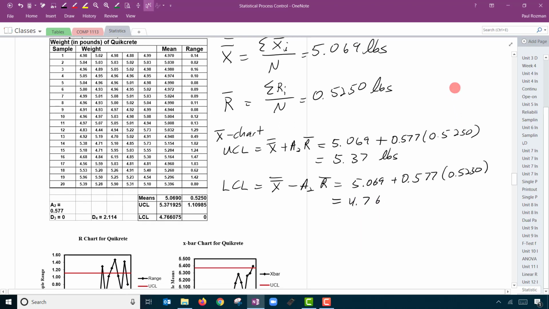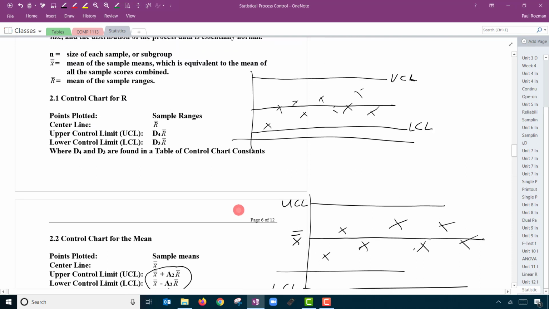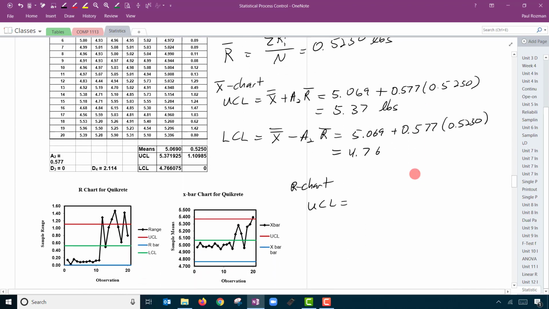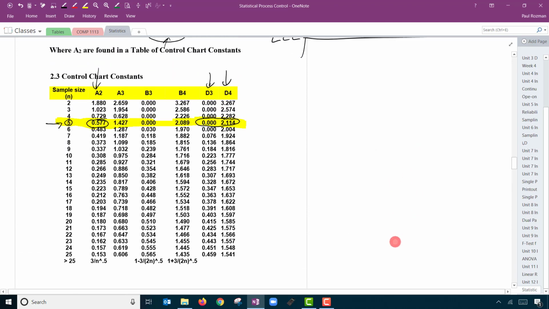And we can do the same idea for our upper control limit for our R bar chart, or R chart. Go back and take a peek at the formula. I think these are on your big formula sheet somewhere. The formulas are pretty easy. It's D4 R bar for the upper control limit, and the lower control limit is D3 R bar. And now go back to your chart and find D4 and D3.